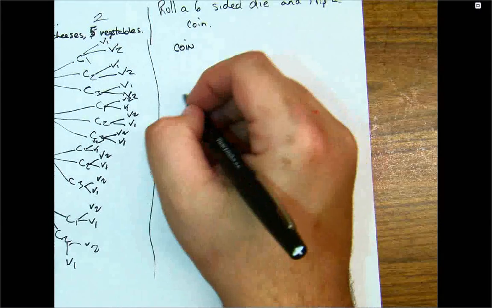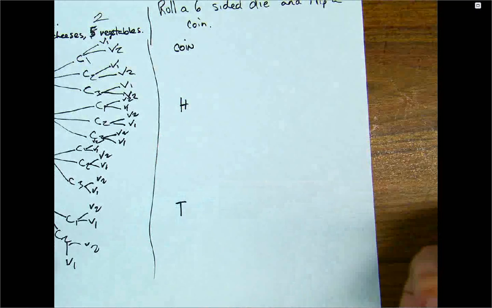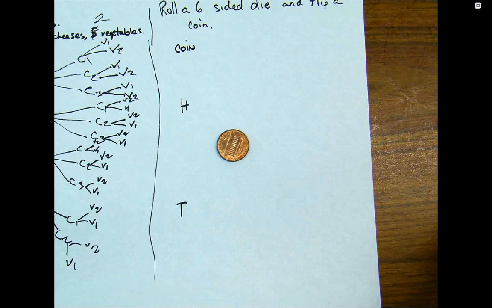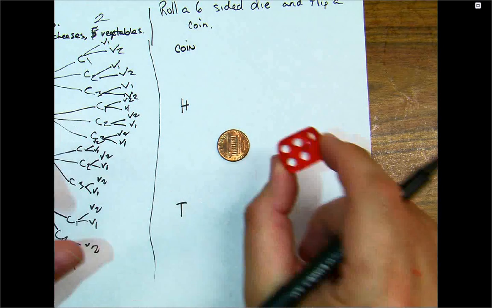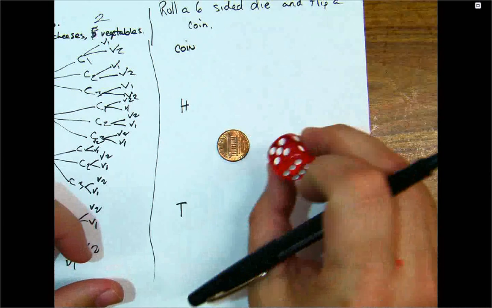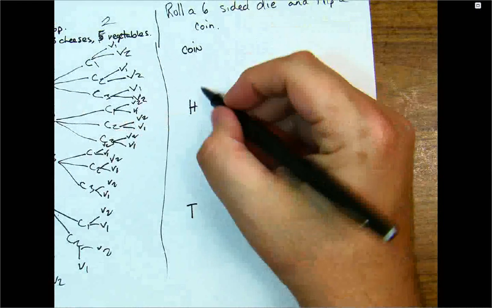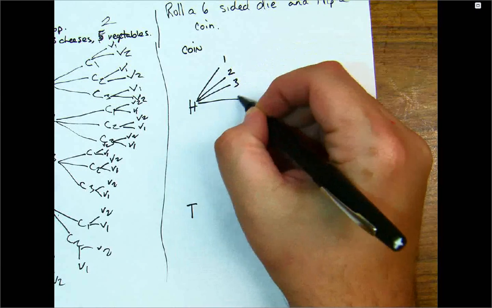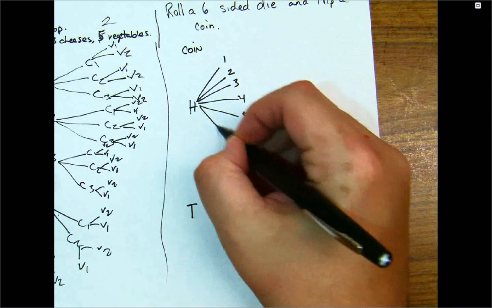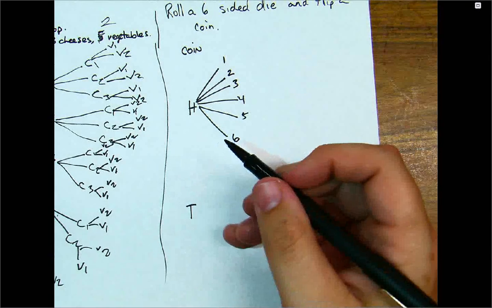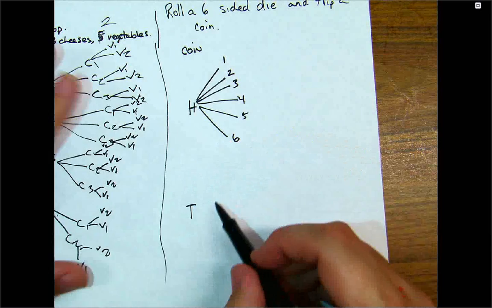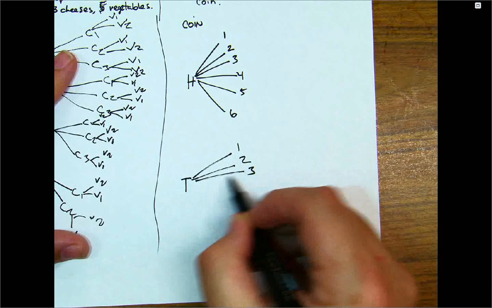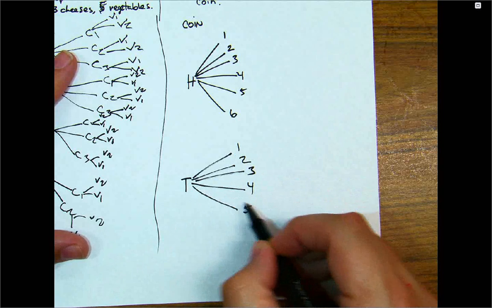One's heads, one's tails. Now, say you flipped the coin, ended up on tails, and now you have to roll a die. How many different outcomes are with the die? There's 6. So it's going to be 1, 2, 3, 4, 5, 6. Same thing with tails. 1, 2, 3, 4, 5, 6.